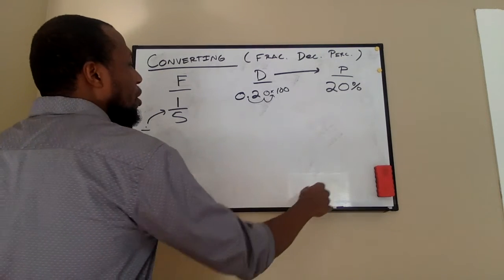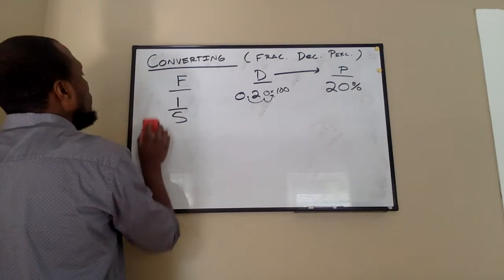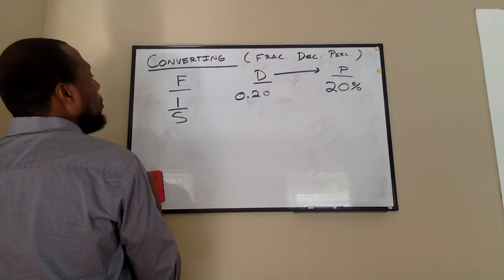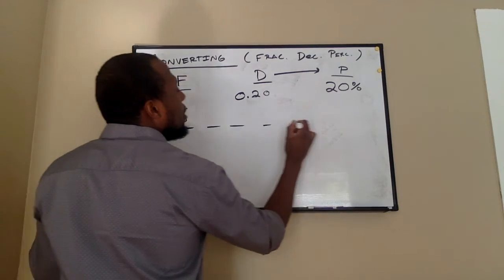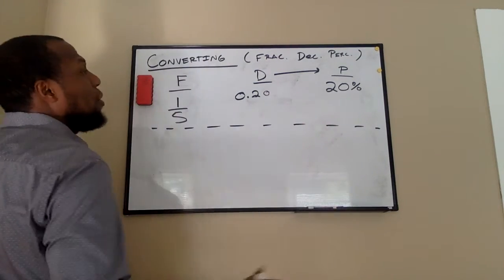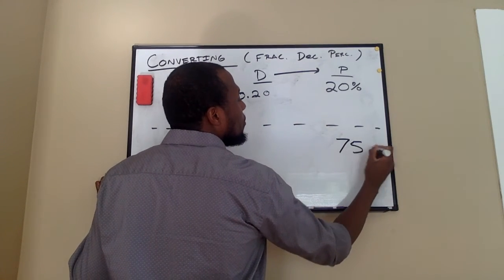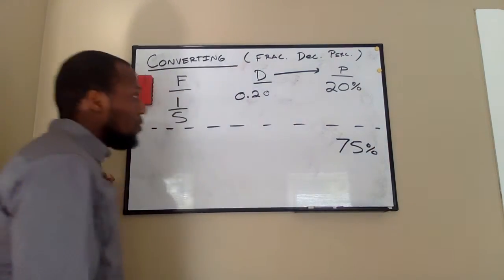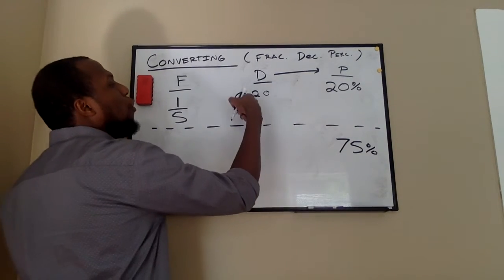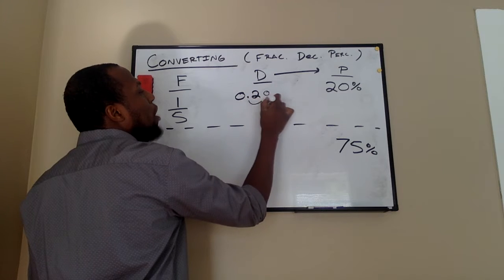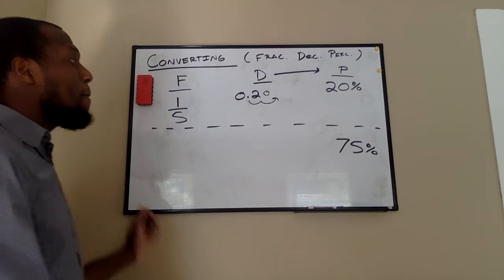Cool. Let's look at a different example, and we'll put this underneath. Let's say we start with a percentage. We start with 75%. To go from decimal to percentage, we moved our decimal place 2 to the right.